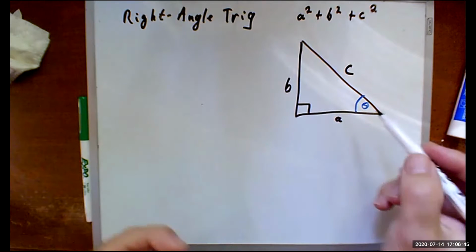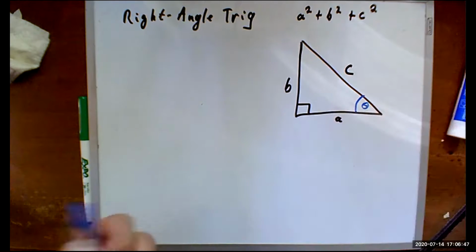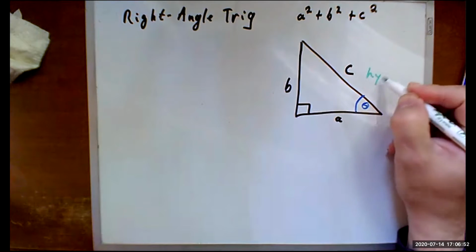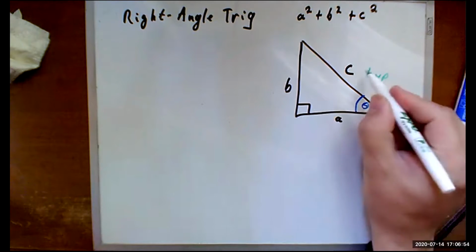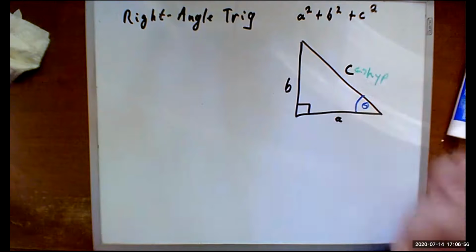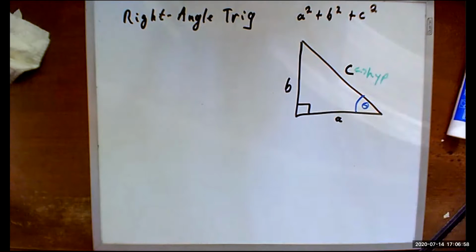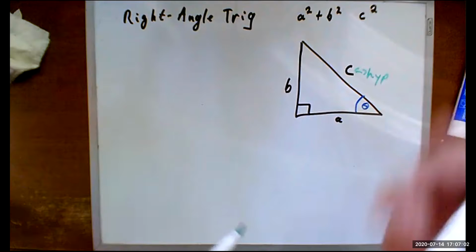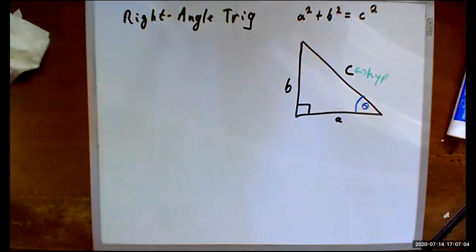We introduced that theta symbol a little bit earlier. Well, if my angle is here, this side is always and forever your hypotenuse. C is always your hypotenuse. Sorry, I just realized what I did up there. That should be equals. There we go.